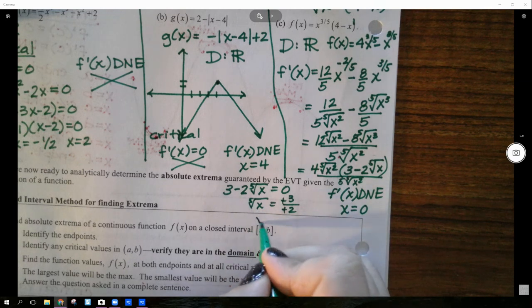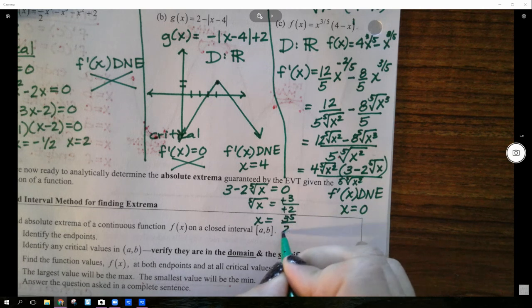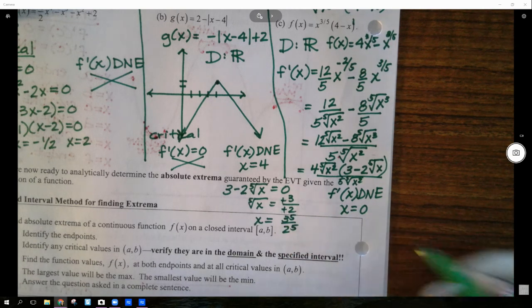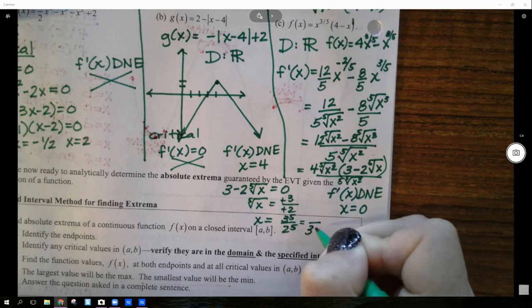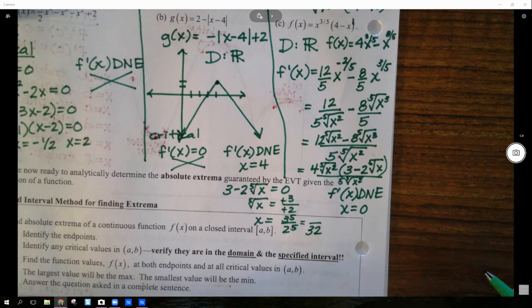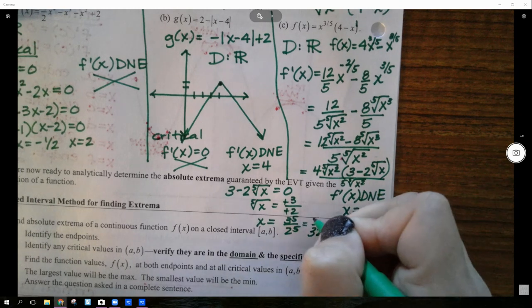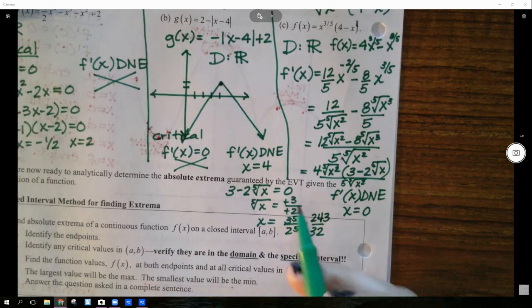Then you raise both sides to the fifth power. So 3 to the fifth all over 2 to the fifth. I know the bottom is 32. 3 to the fifth would be, let's see, 3 squared is 9, times 3 is 27, times 3 is 81, so 243 over 32. That will be your other critical value.